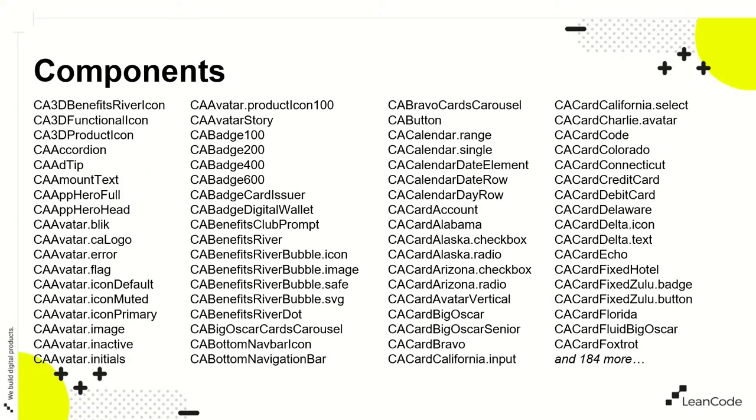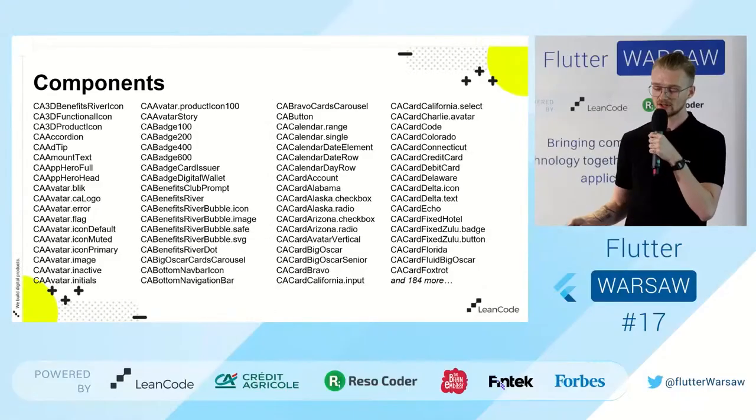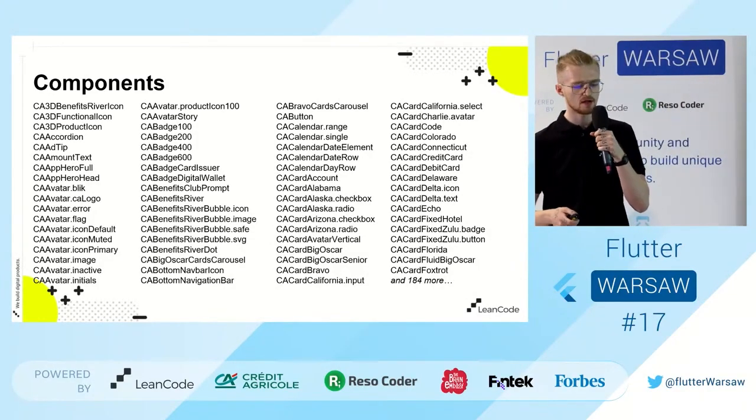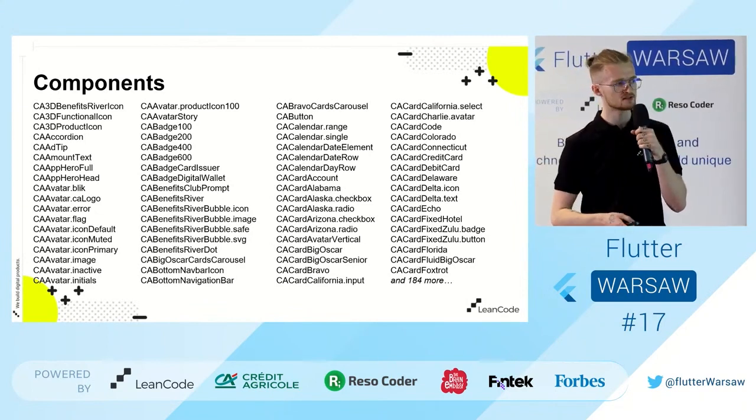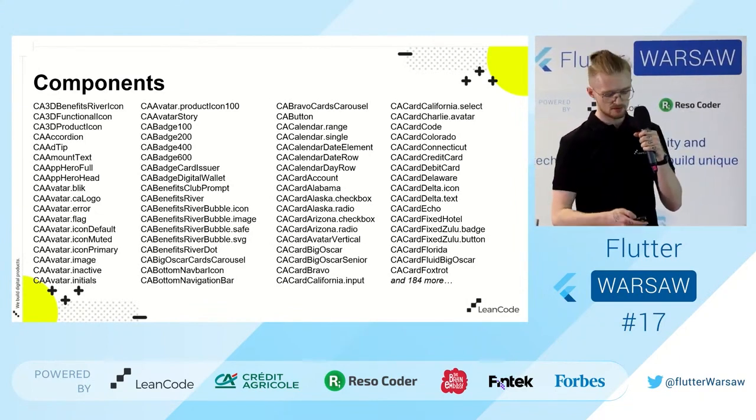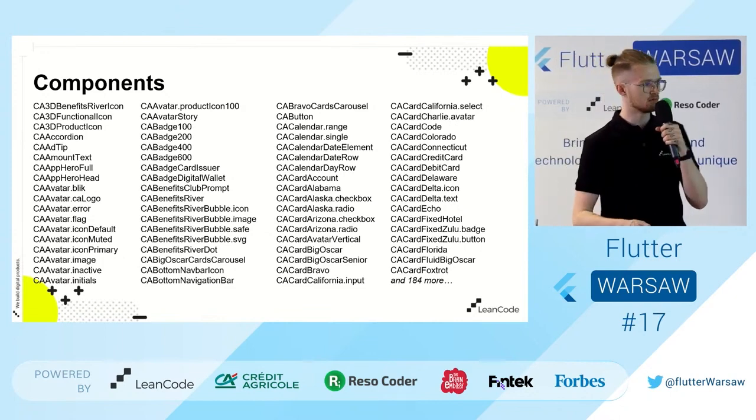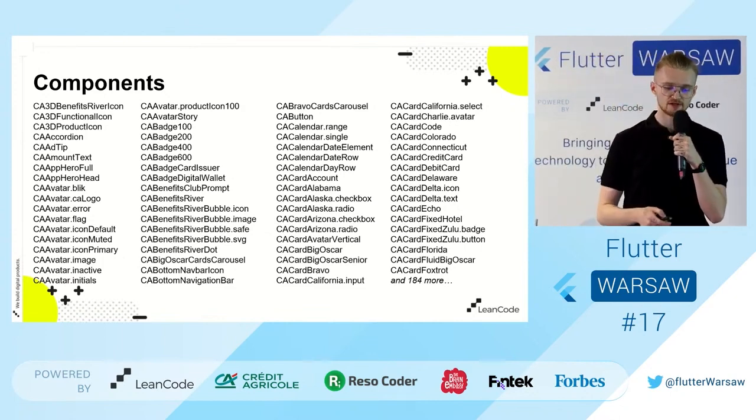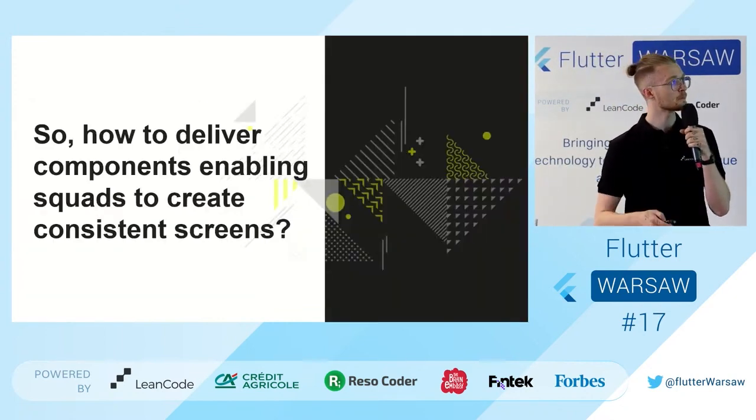Our squad made more than 200 UI components, UI widgets, starting from really small atoms and molecules to very complex organisms and templates. And each of those widgets that you see on the screen, and much more, had their own corresponding page in a storybook.